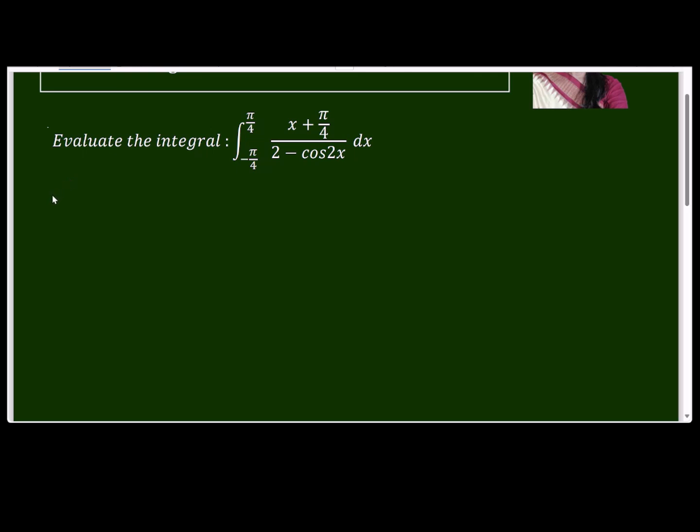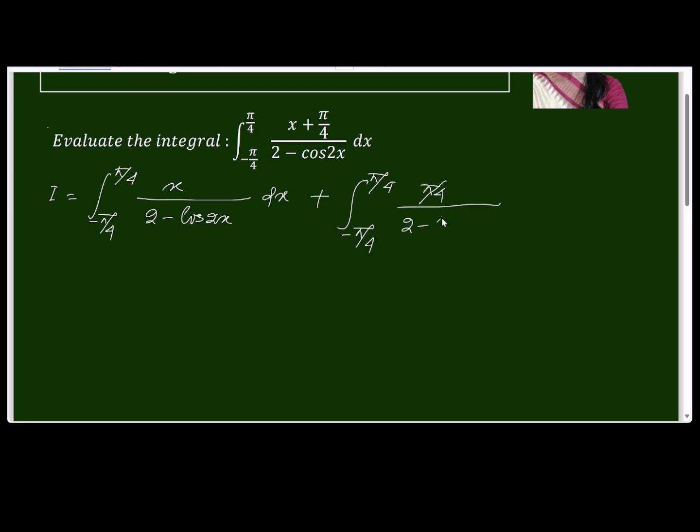One is I equals the integral from negative pi by 4 to pi by 4 of x over 2 minus cos 2x dx, plus the integral from negative pi by 4 to pi by 4 of pi by 4 over 2 minus cos 2x dx.